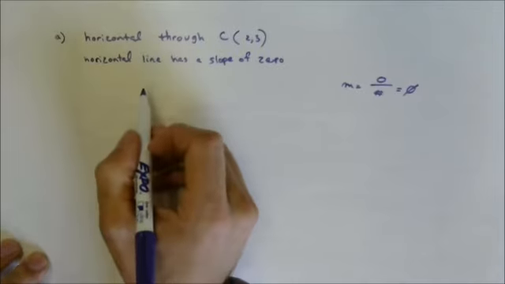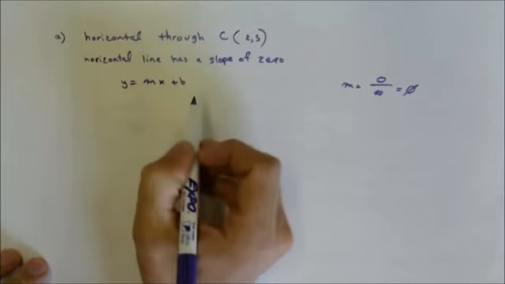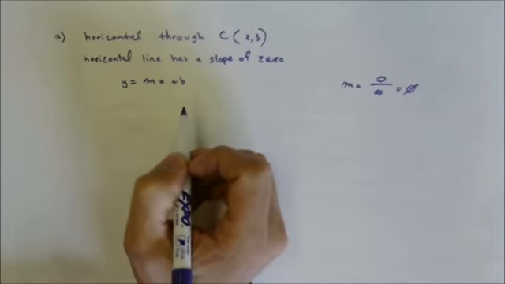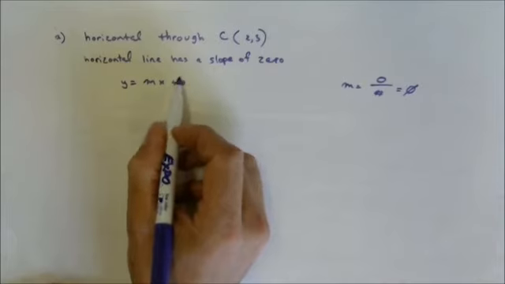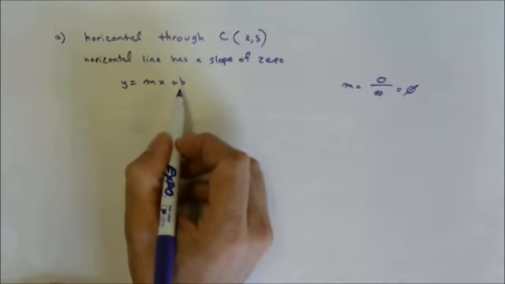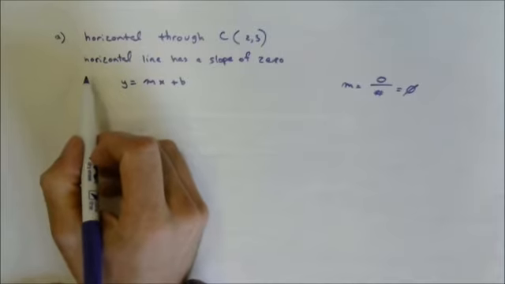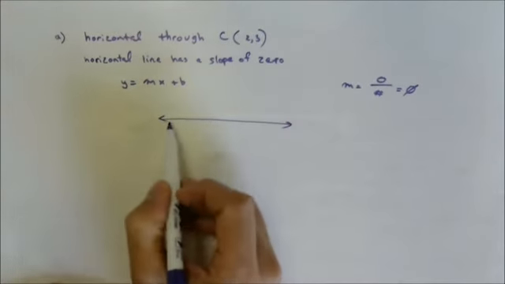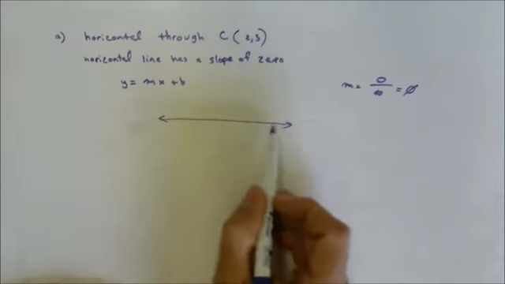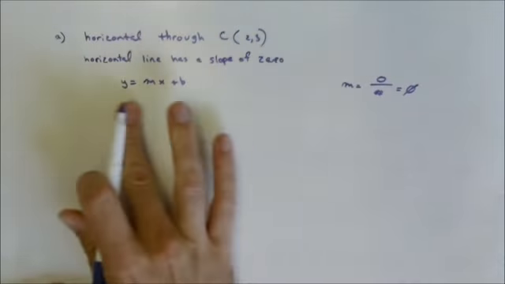So if we were going to put this in, let's say y equals mx plus b, and then we were going to solve for b, which is our y-intercept, what you would end up with is the idea that the y-coordinate of every point on the line is the same. If it never goes up or down, then whatever the y-coordinate is, that's what it is here, here, here, here, here, here, okay? So let's take that note.